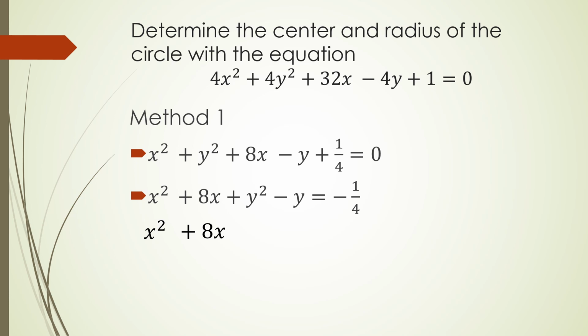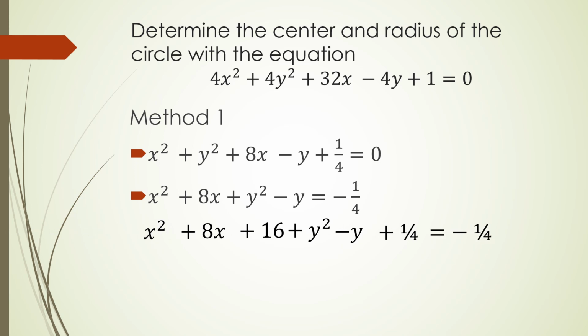So 8 divided by 2 is 4, and 4 squared is equal to 16. So plus 16. On the other hand, we have y² - y. So negative 1 divided by 2 is negative 1/2. Negative 1/2 squared is positive 1/4.